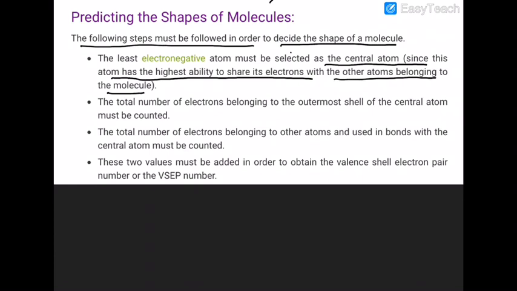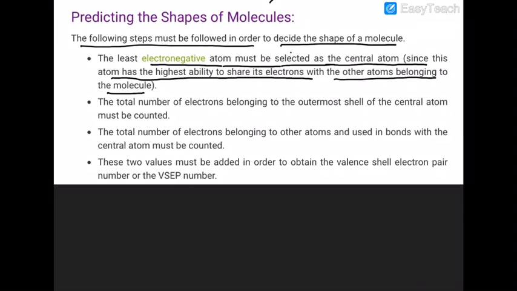I am repeating once more: the least electronegative atom must be taken as the central atom. I told you already, hydrogen and alkali metals should not be taken. Other than that, this criterion should be strictly followed.